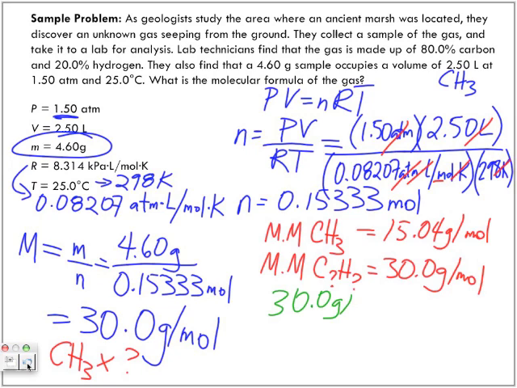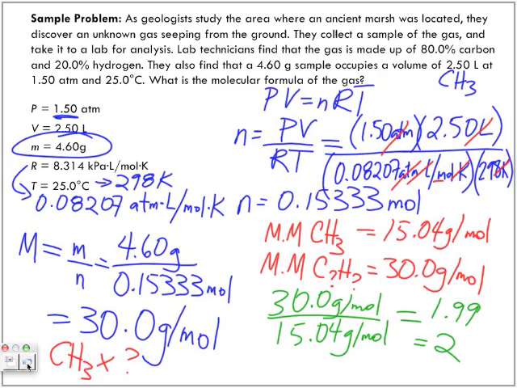30.0 grams per mole over 15.04 grams per mole is equal to 1.99, which can be simplified to a whole number of 2, which means CH3 is going to be multiplied by 2.